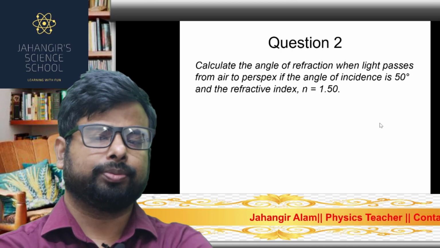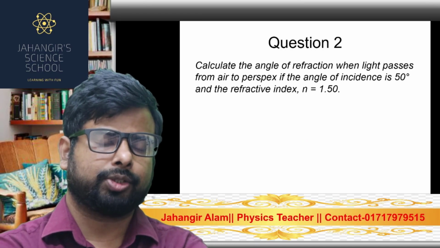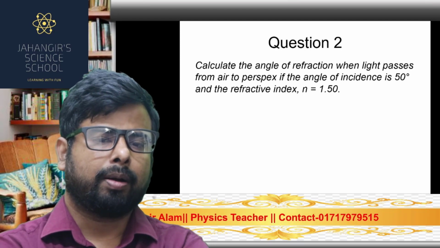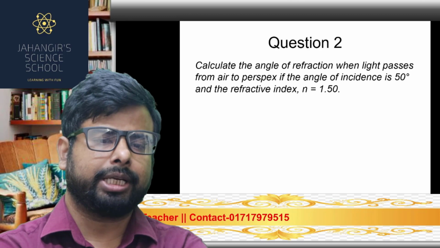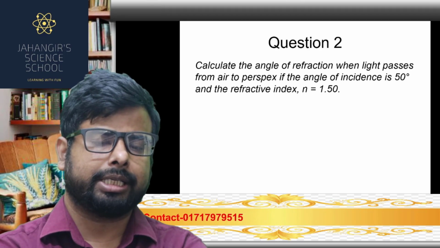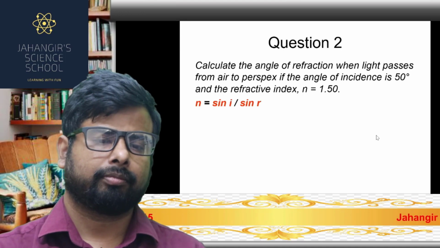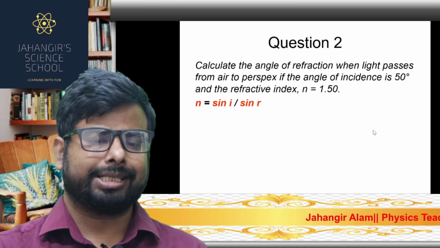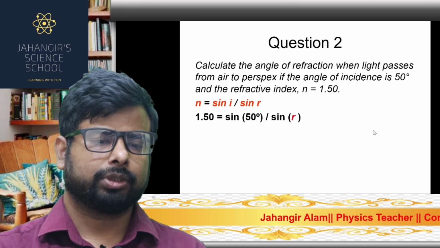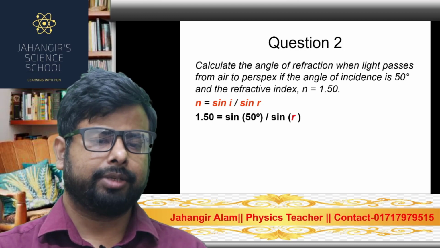Question number 2. Calculate the angle of refraction when a light ray passes from air to perspex if the angle of incidence is 50 degrees and the refractive index is eta equals 1.5. We know refractive index eta equals sin i by sin r. So 1.50 equals sin 50 degrees divided by sin r.